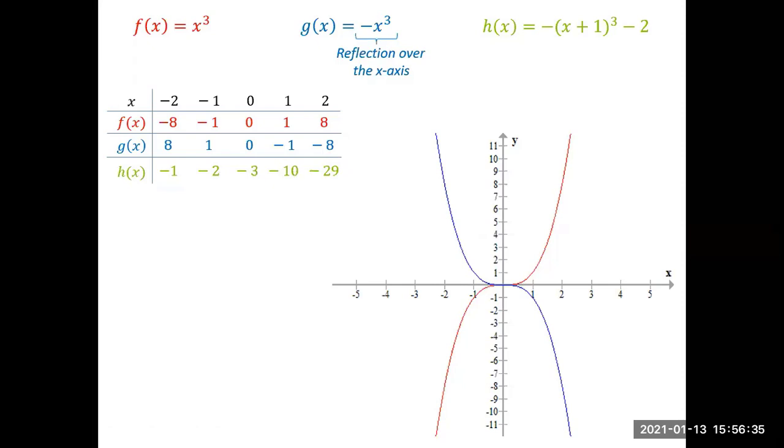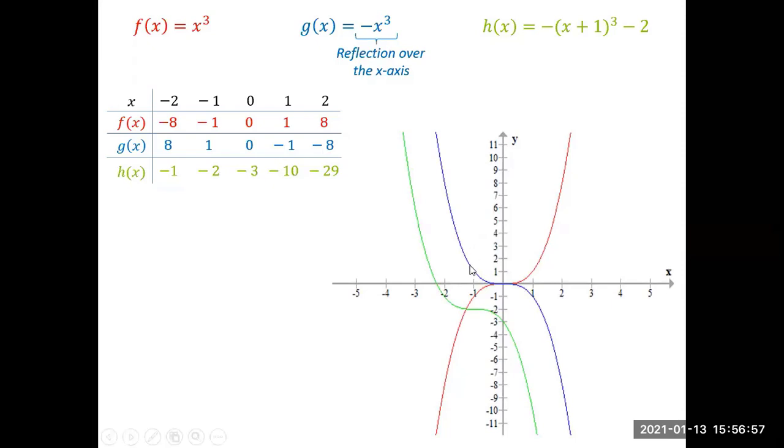Once you've checked all of those, when we plot these points, you will end up getting this function right here. And that looks like the red function, except a few things have happened. Notice that first of all, it appears to be more closely related to the blue function because of its shape.